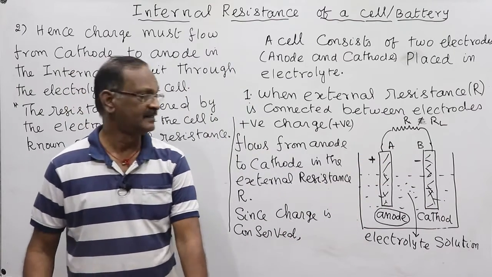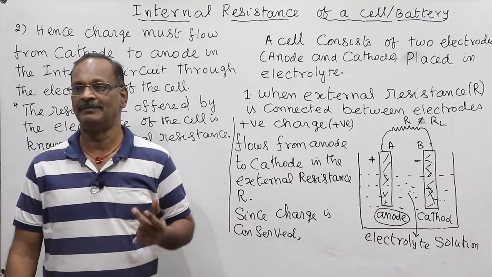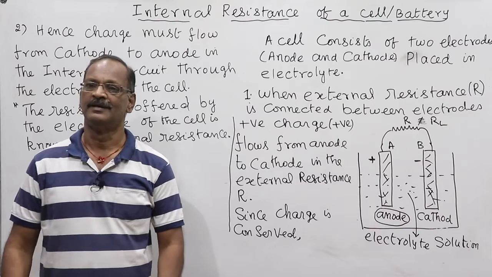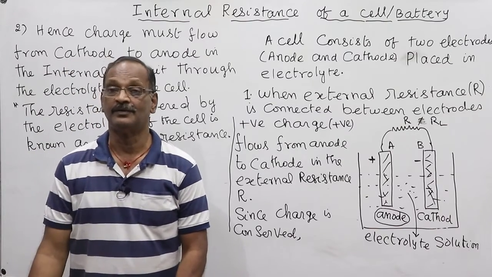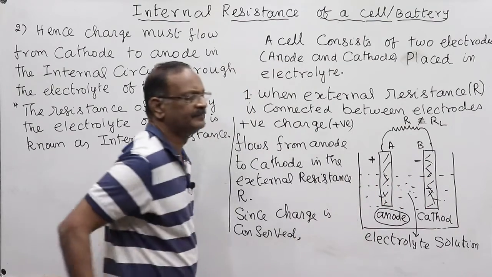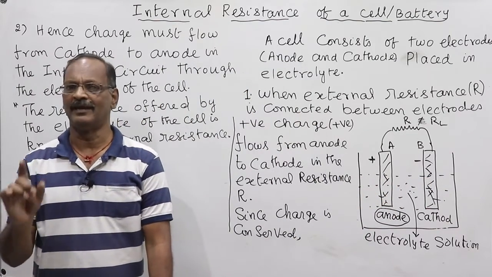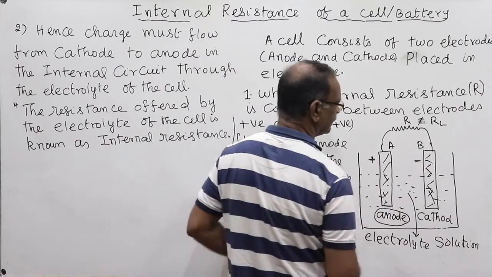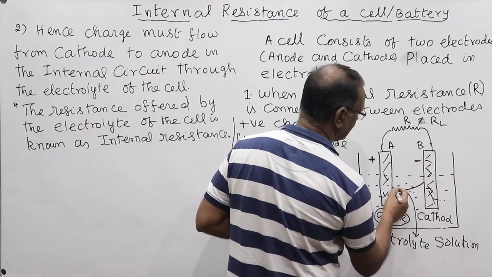And since charge is always conserved, because charge can never be created nor destroyed, the charge must flow from cathode to anode in the internal circuit. So charge is flowing from here to here internally.